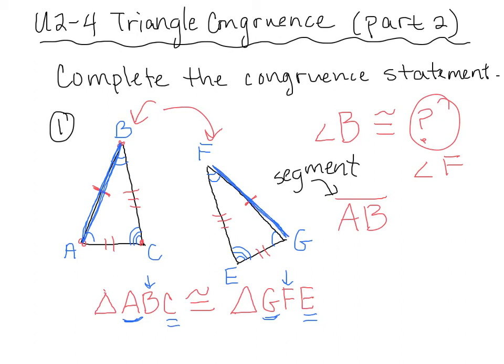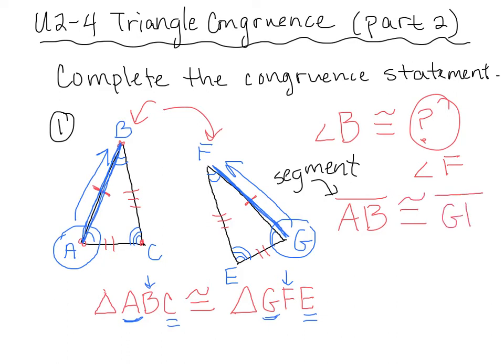Now notice if we're going from A to B, A was marked with that first angle, okay, which is true for G. And then the segment was marked up to the second angle, B, and we're going to do the same here. So we're going to go from G to F. So to finish this congruence statement, segment AB is congruent to segment GF. Okay? So that would be our answer here.